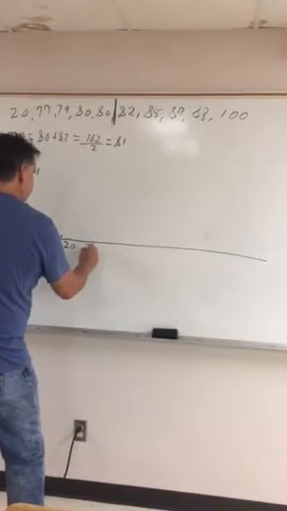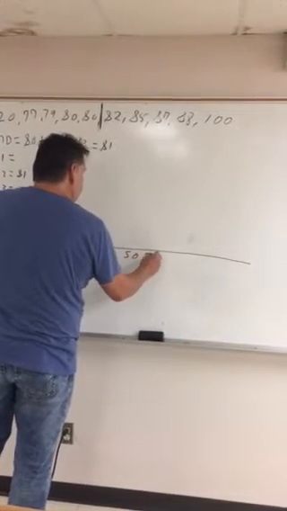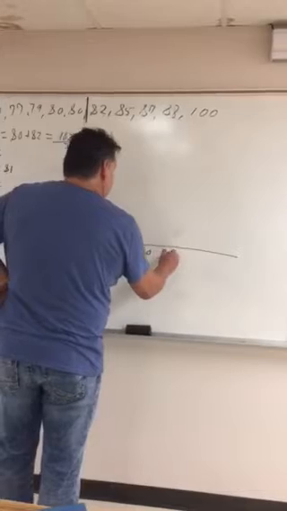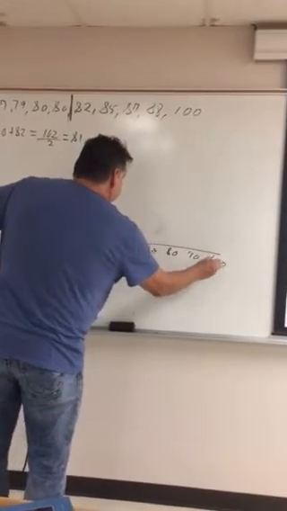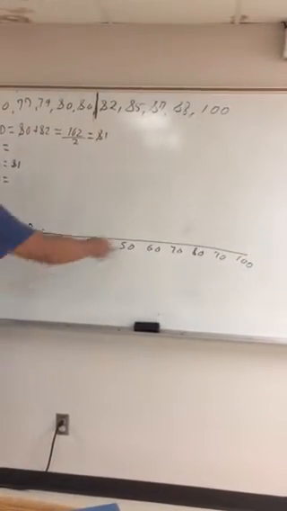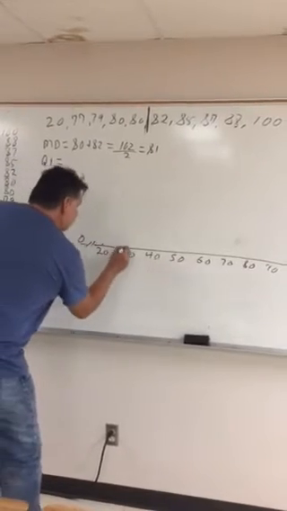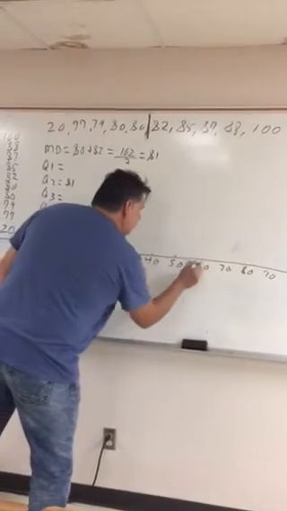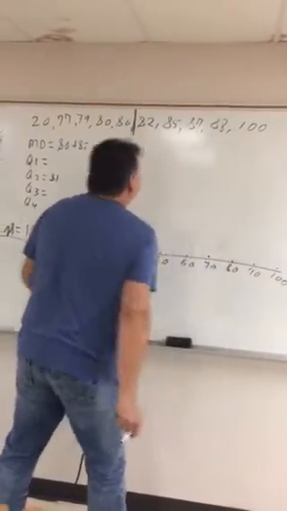So 20, 30, 40, 50, 60, 70, 80, 90, and 100. Now it would be better if you went by 5s, but for this demonstration I'll just use 10s. So I've got these points for each one of these points on this scale.